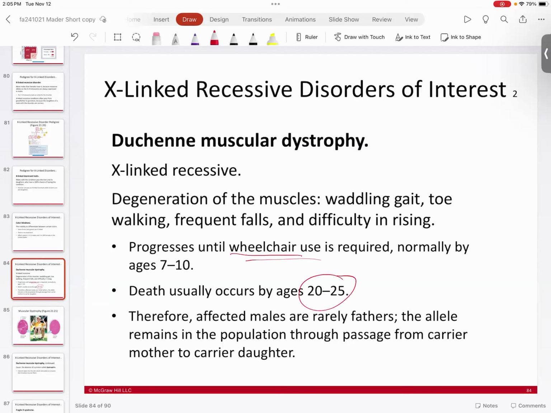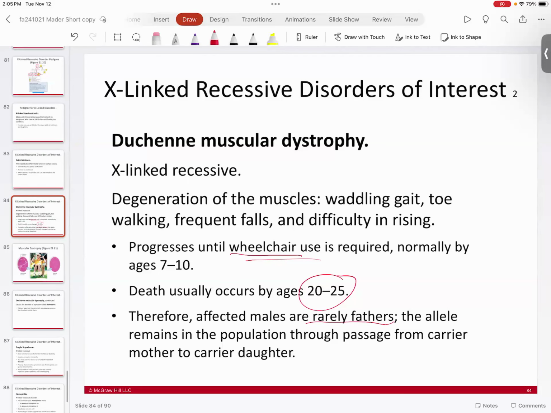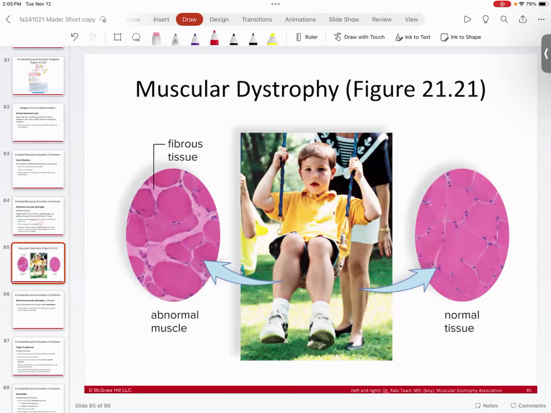Generally speaking, affected males rarely have kids. And so what happens is the carrier mother basically passes it from her to her daughter. That's usually how the allele stays in the population.